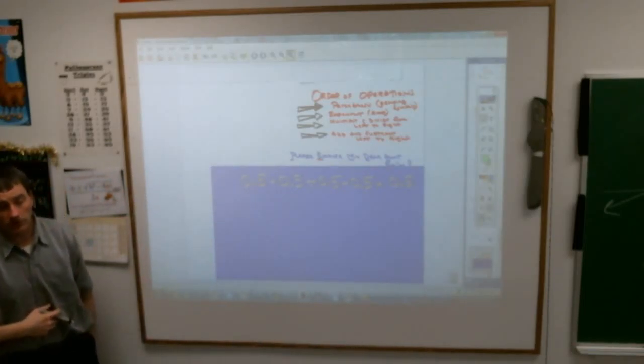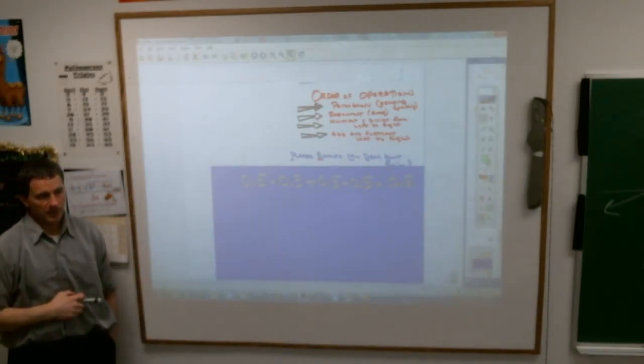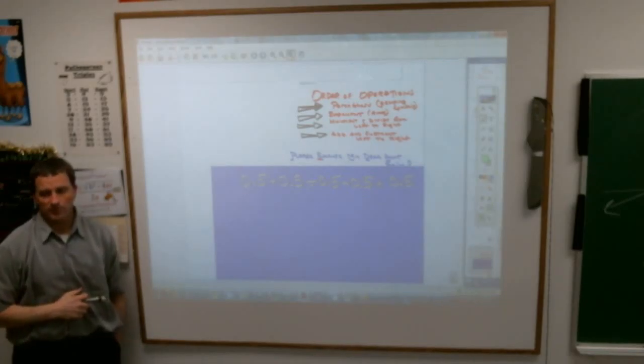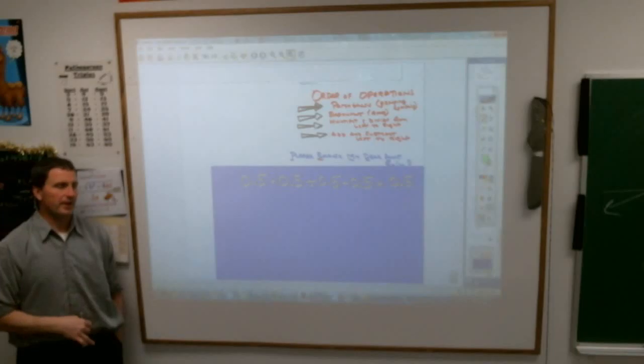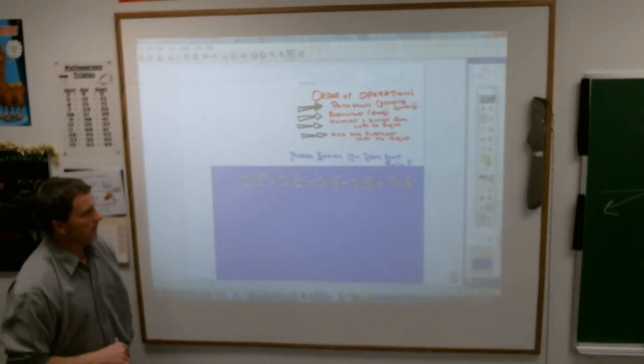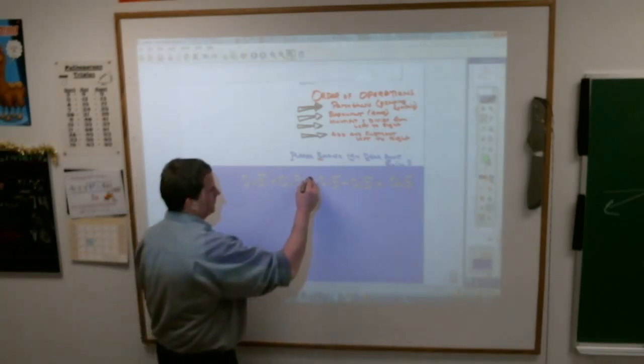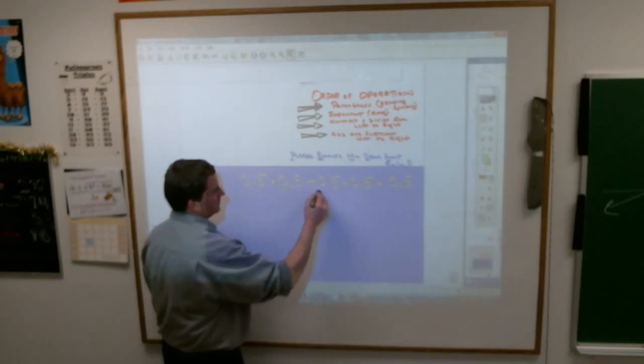So what should I do first, ladies and gentlemen? No grouping symbols, no exponents, no powers. You won't have to worry about exponents and powers, that comes along later, but I thought I'd give it out to you now. Alex, what am I going to do? Multiply first? I don't actually. First thing I do is divide this.